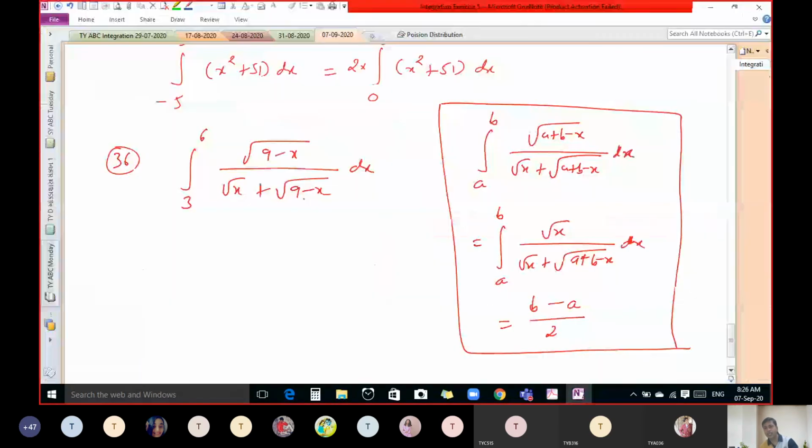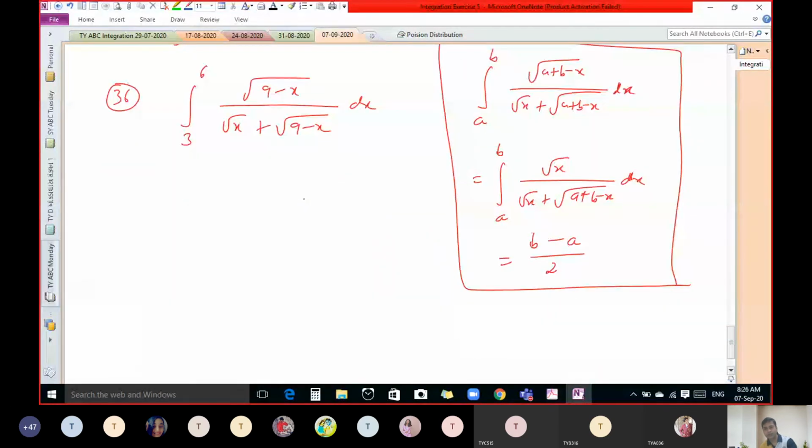So it is a slightly lengthy example, and there is one special method to solve this question. Special method, you don't have any other option to solve this question except this method. So what we have to do? Let us start. Let us assume the answer of this is something.